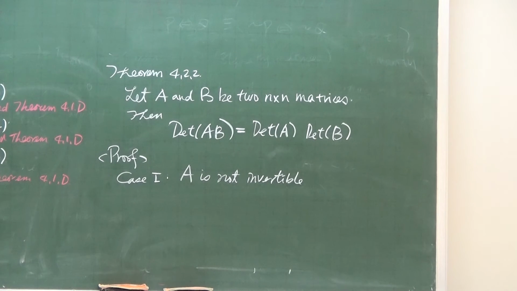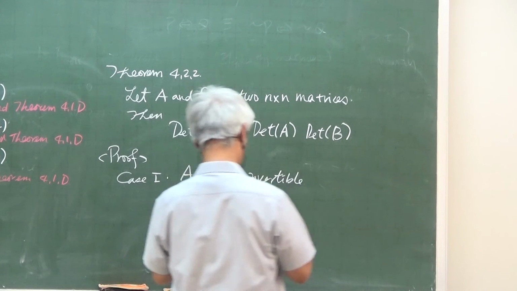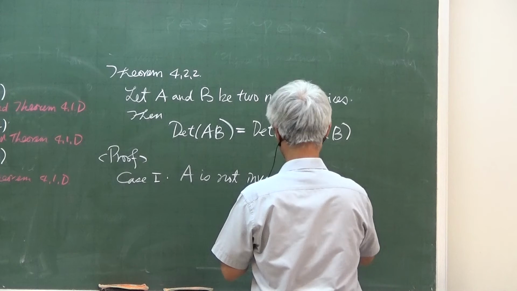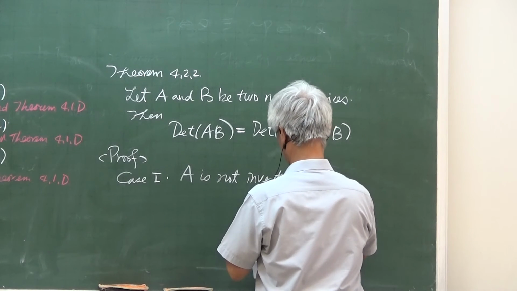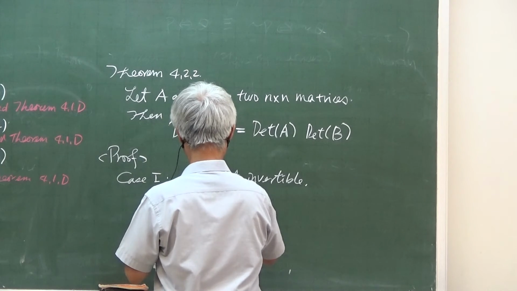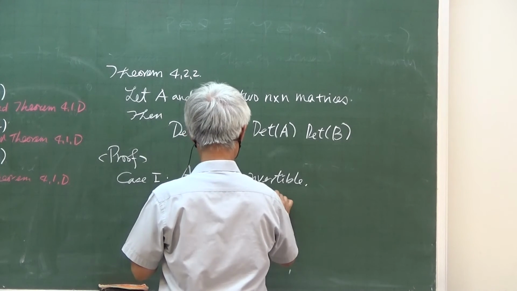So if A is not invertible, then AB is not invertible.